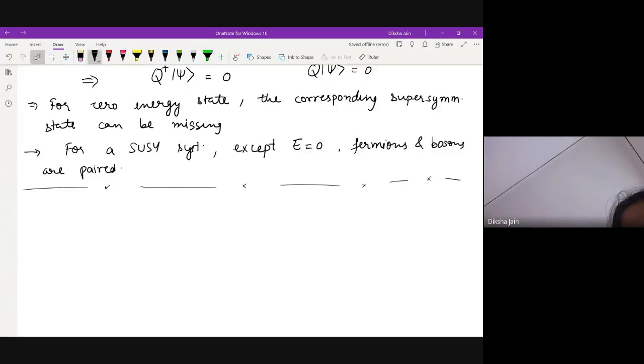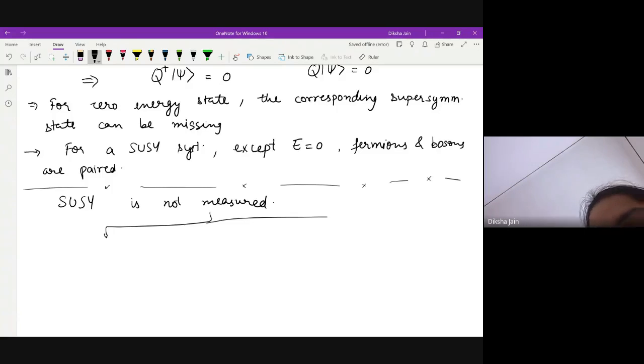You know that we have not been able to measure supersymmetry experimentally. So there are two possible things. Supersymmetry is not measured yet, but we know that it solves some of the field theoretical problems. So people think there can be two, or maybe three, possible reasons. One of the reasons is that it's explicitly broken, so that the world we are living in is not supersymmetric.